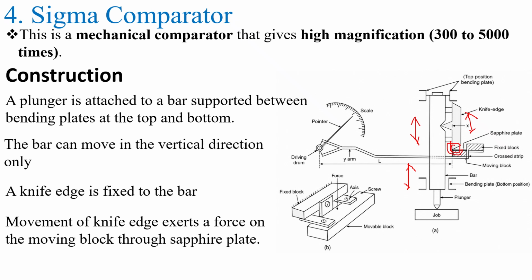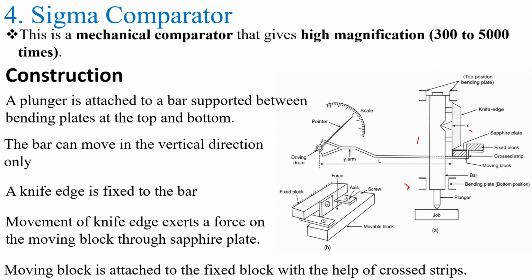So here observe, one sapphire plate is there. This plate consists of the fixed block as well as the moving block. Now, a small force is exerted on this moving block through this sapphire plate.